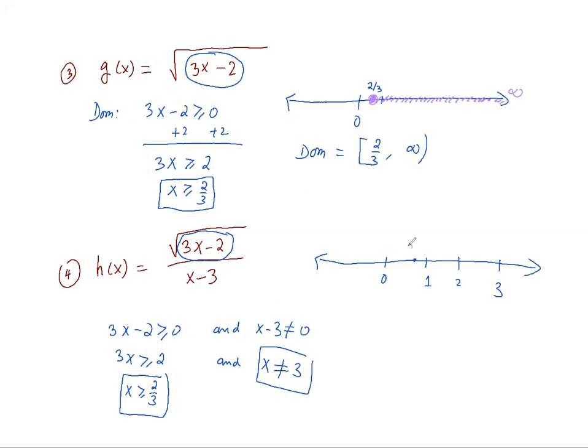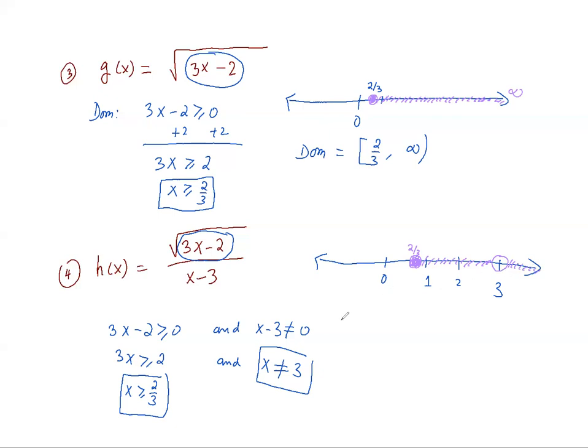This is 2/3, by the way, and we're going to include this point, so we have a solid dot here. And then 3, we are not going to include 3. We highlight x greater than or equal to 2/3 but not 3. So highlight this side.